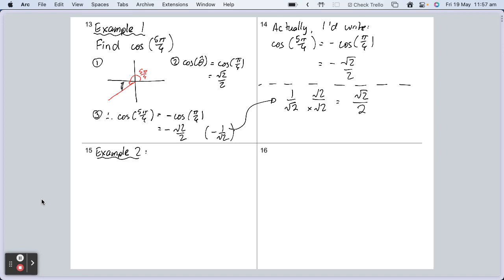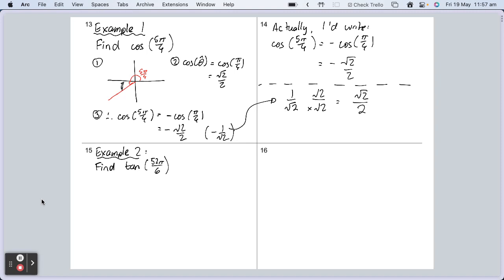Example 2, find the tan of 52 pi on 6. Okay, can we all agree that 52 pi on 6 is going to have a few spins in it? Each spin is 2 pi, right?